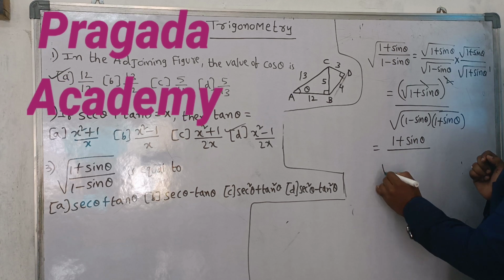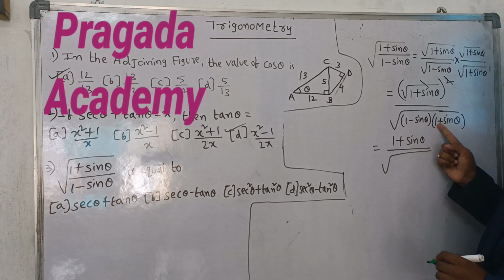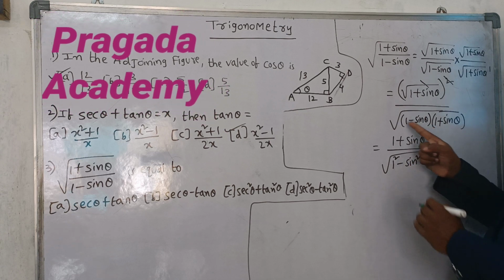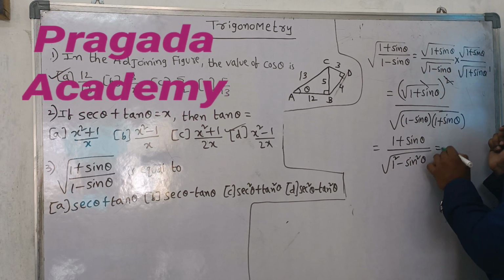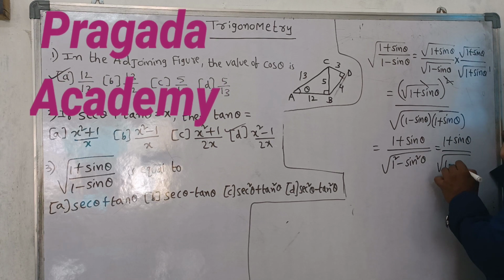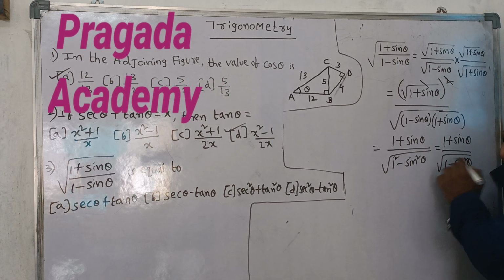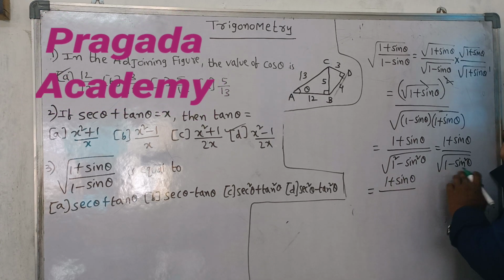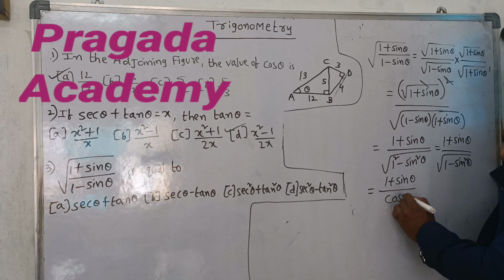In the denominator, a minus b into a plus b is a square minus b square, where a is 1 and b is sin theta. So you get 1 plus sin theta by root of 1 minus sin square theta, which equals cos theta.